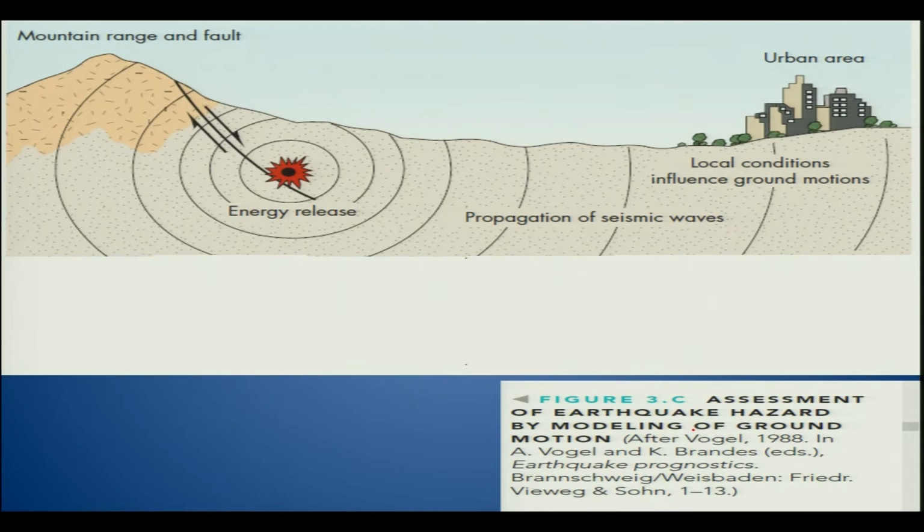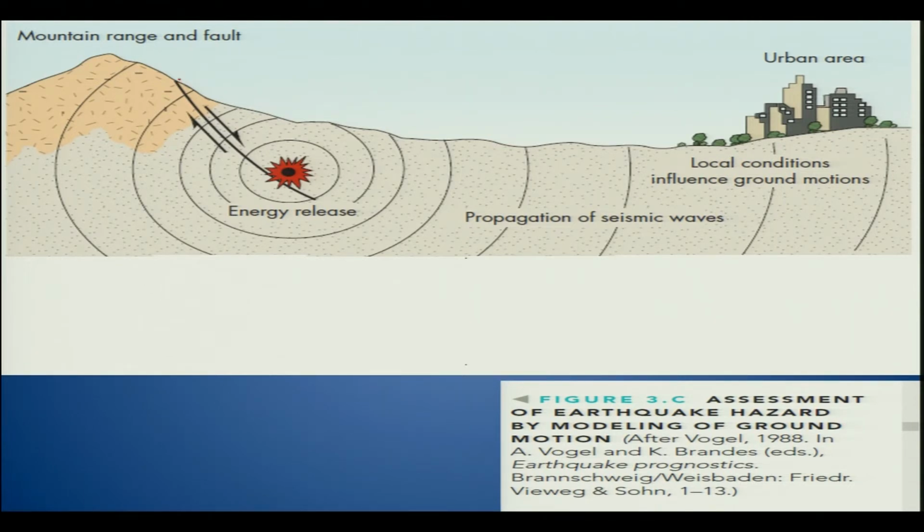So the whole idea behind this exercise is, one, what is the seismic source, at what depth you will have an earthquake, and what is the surface manifestation of the fault, whether the fault is a normal fault. Basically what we classify, I'll come to that later, is normal fault, reverse fault, thrust faults or strike slip fault.